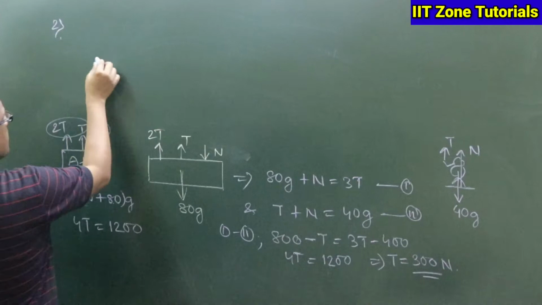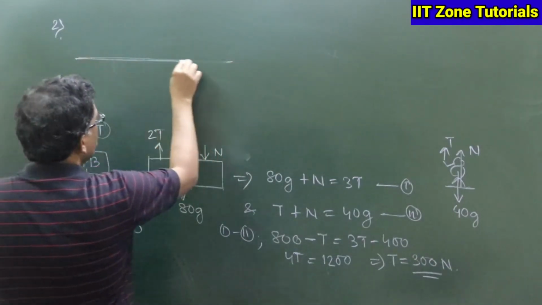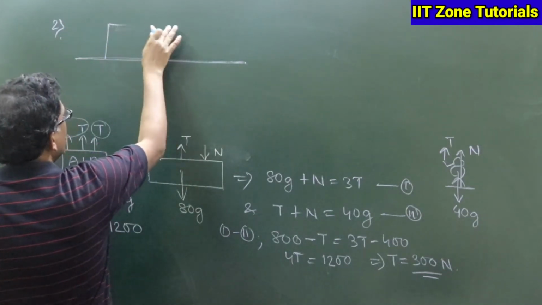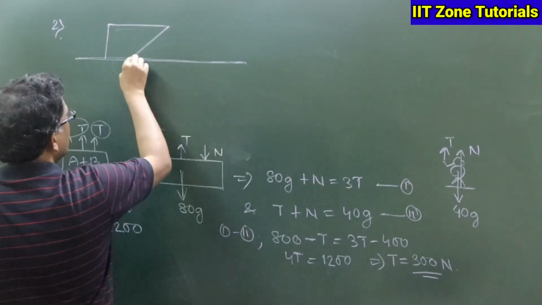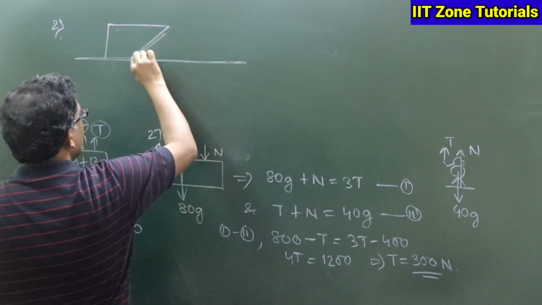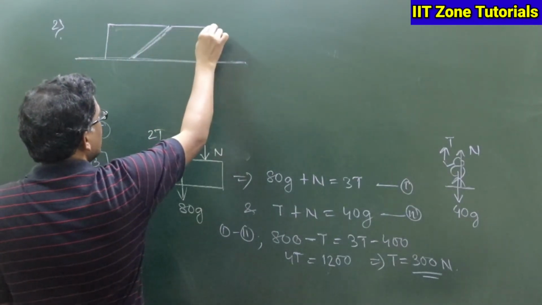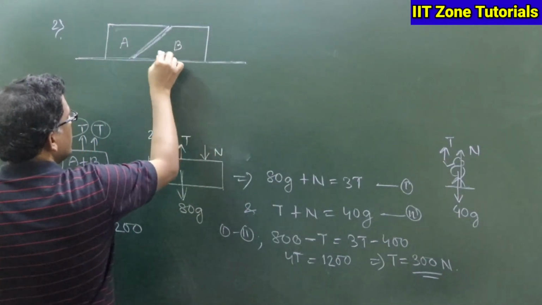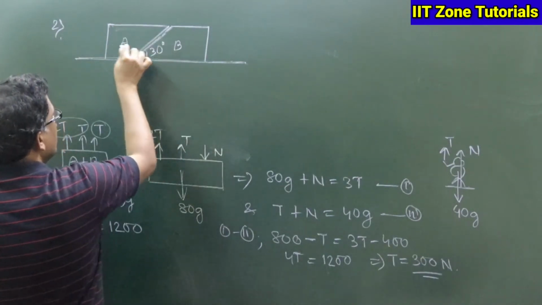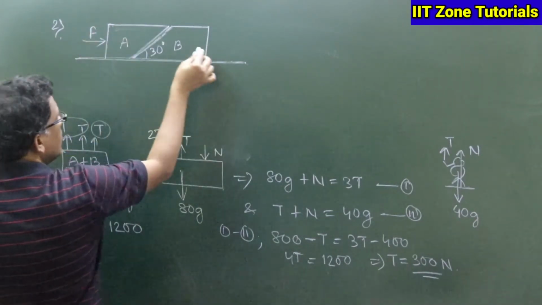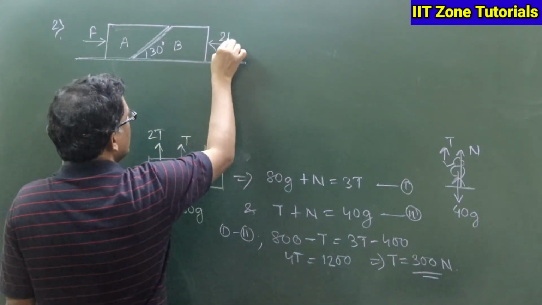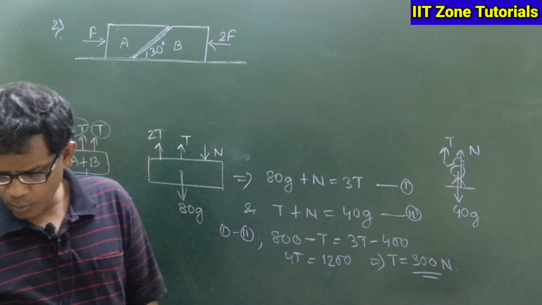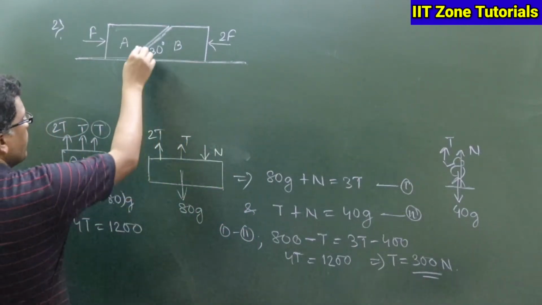Now in the second question, two blocks, you can see the two blocks A and B, both are of mass m each.